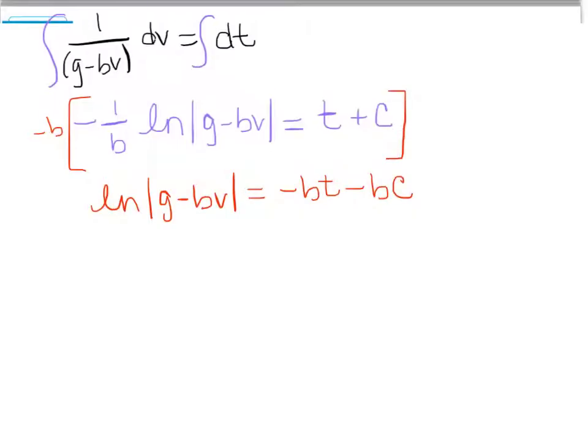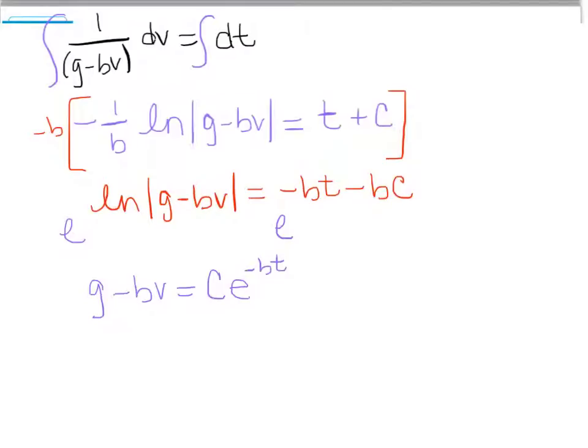Now I take e and raise everything to that power: e to the natural log, and e to the negative bt minus bc. This gives me g minus bv is equal to c e to the negative bt.